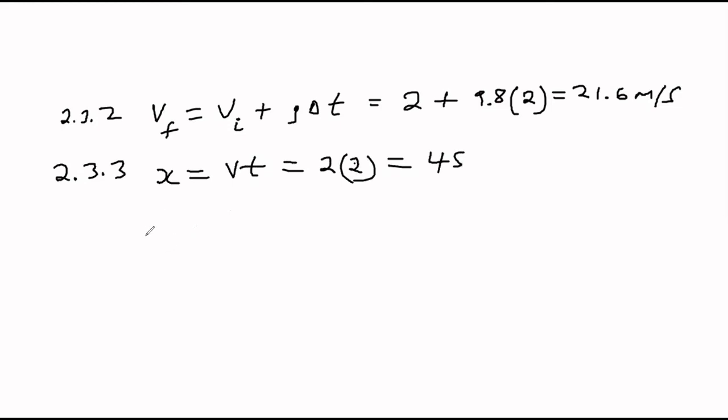Now we can say the distance will be equal to, of course, the height, which is 23.6 meters, minus this 4 meters, which is the distance traveled by the balloon downwards.